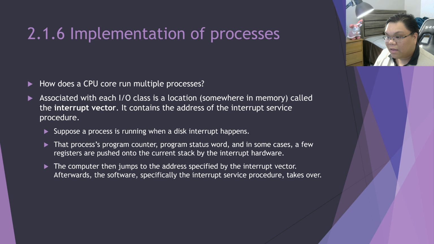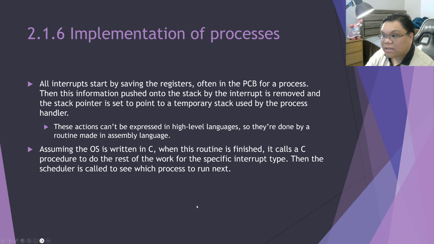Afterwards, the software, usually the interrupt service procedure, takes over. All interrupts start by saving the registers, often in the PCB for a process. Then the information pushed onto the stack by the interrupt is removed, and the stack pointer is set to point to a temporary stack used by the process handler.